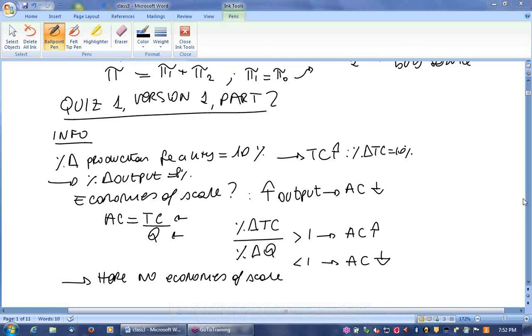Okay, so what is this? What is this L, long run average cost? Shriram? Okay, any other question?